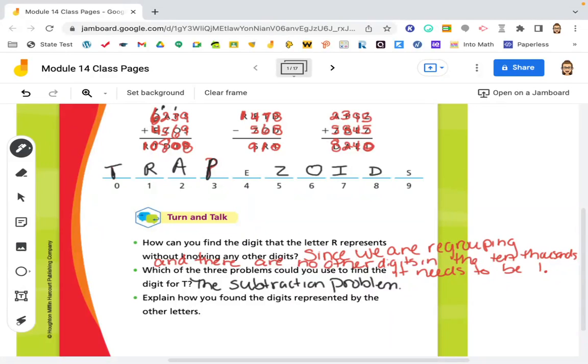Sorry, I had to go back and think. So D minus D equals 0. So wait till I found the digits represented by the other letters.